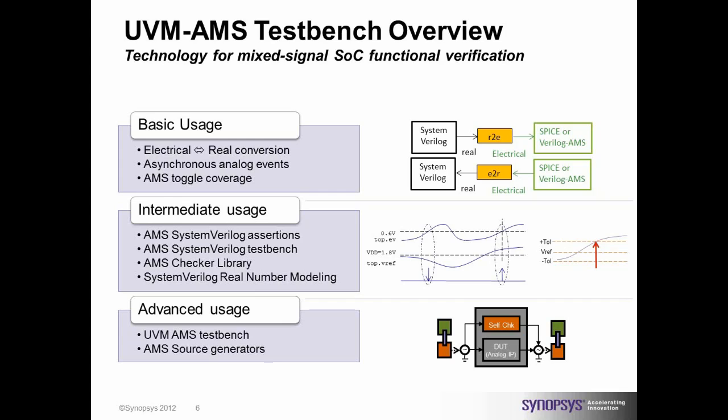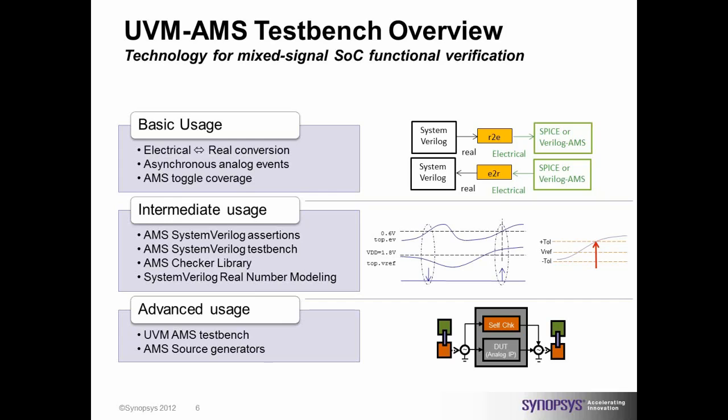It provides a layer between the SPICE-based components and SystemVerilog to be able to interact seamlessly, right? And that is done by this layer of real-to-electrical and electrical-to-real node conversions. As you can understand, SPICE has electrical nodes and SystemVerilog has real variables.